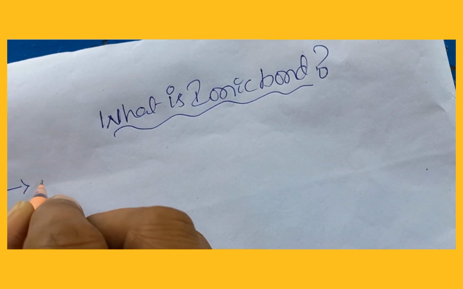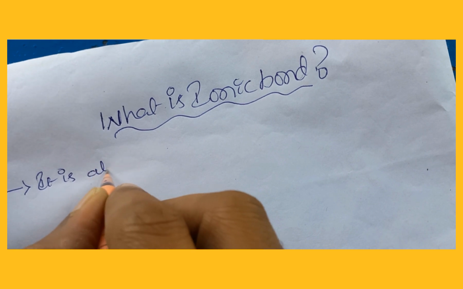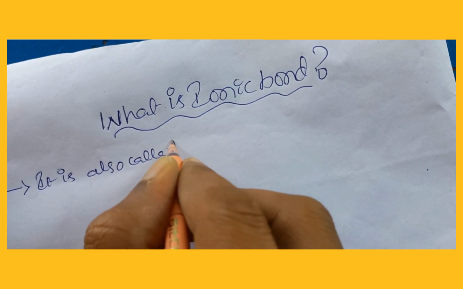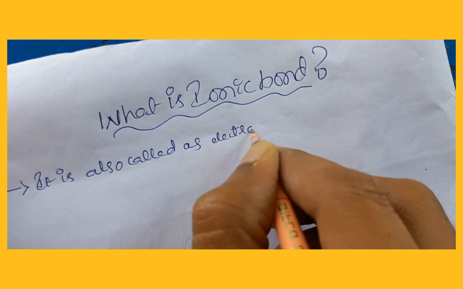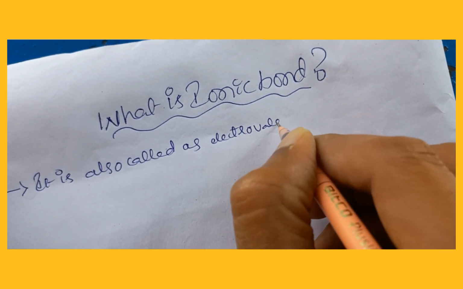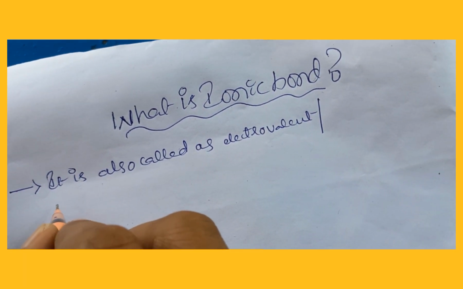Ionic bond is also called electrovalent or electrostatic bond.